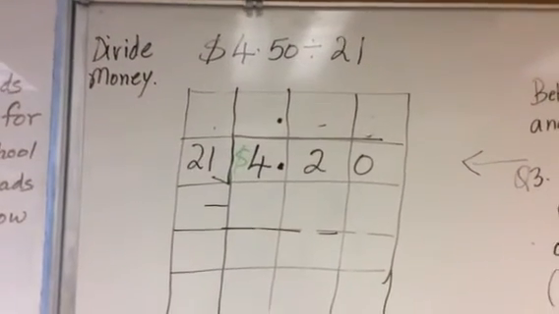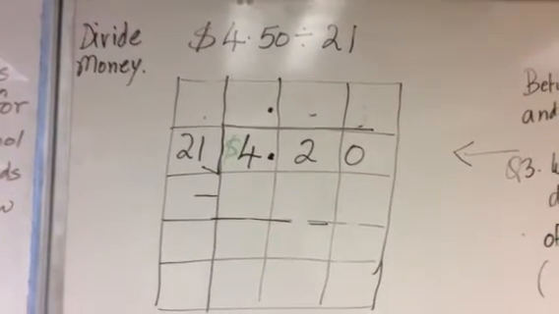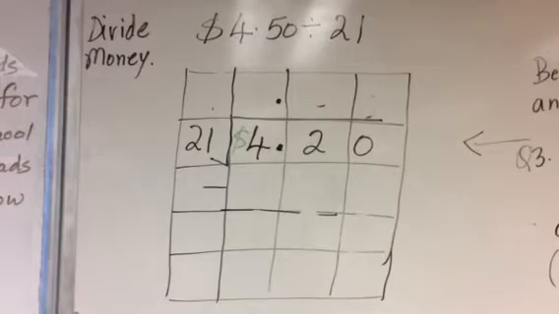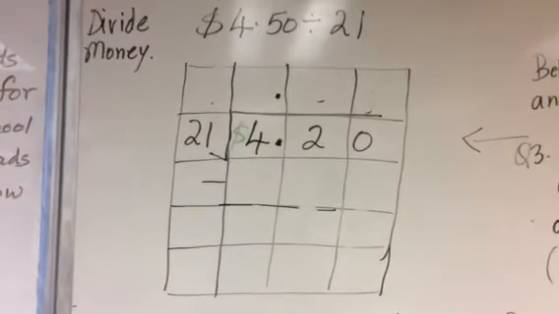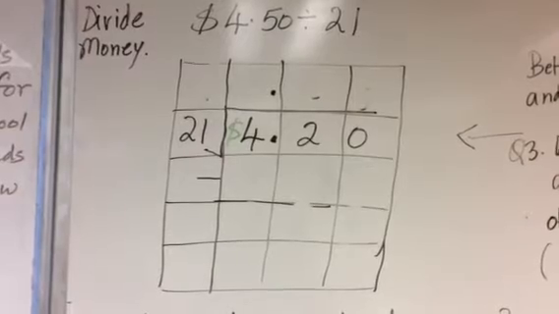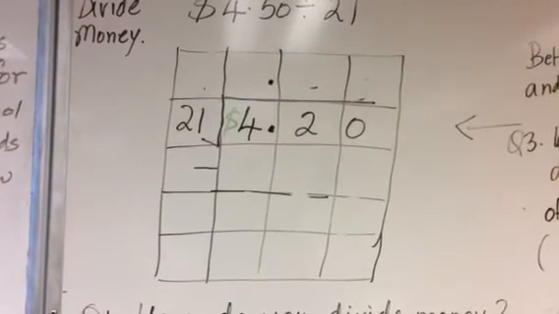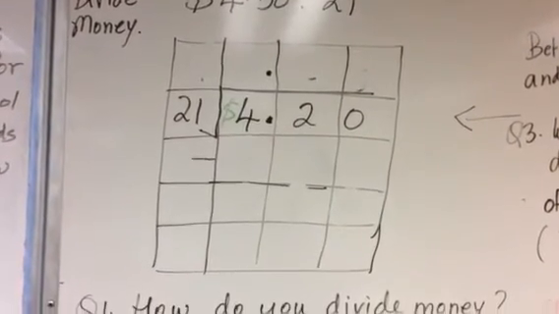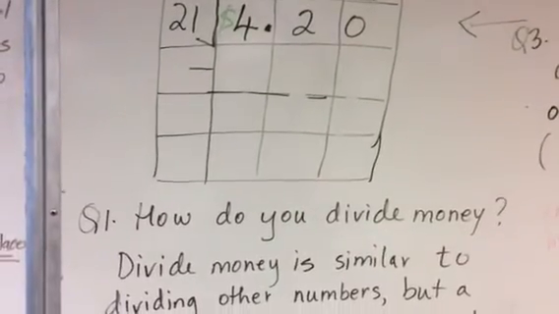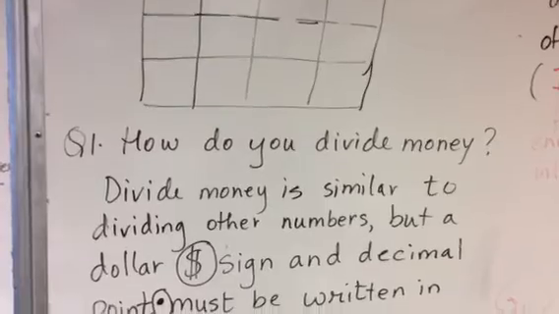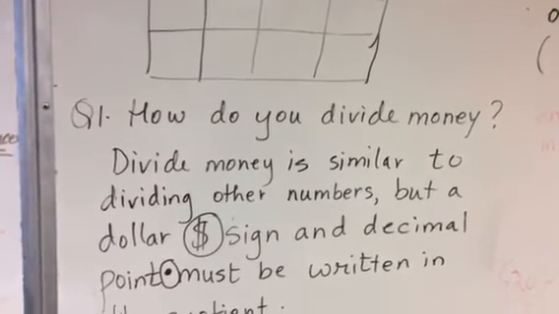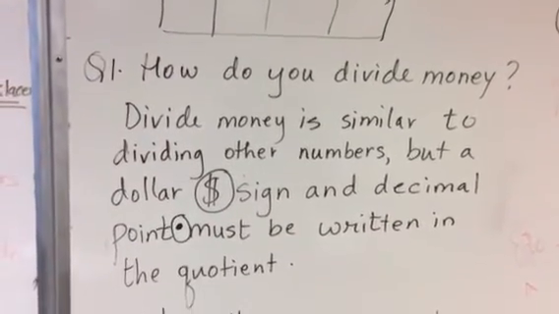$4.20 divided by 21. When you divide money, what is important? Look at it. It has extra things that we never had in the division problems: a dollar sign and a decimal point. So how do you divide money? Dividing money is similar to dividing other numbers, but a dollar sign and a decimal point must be written in the quotient.